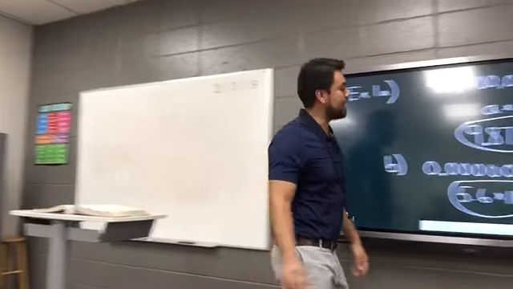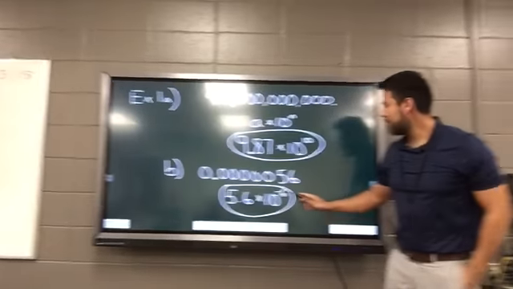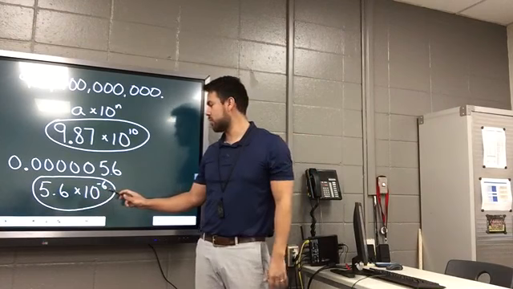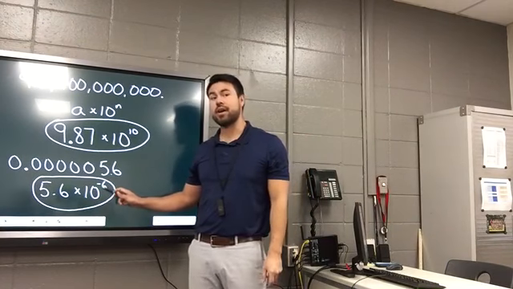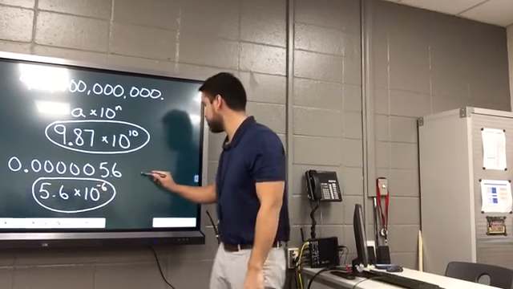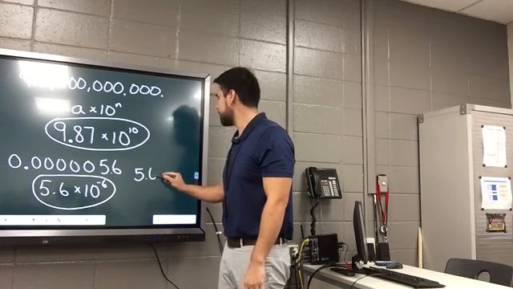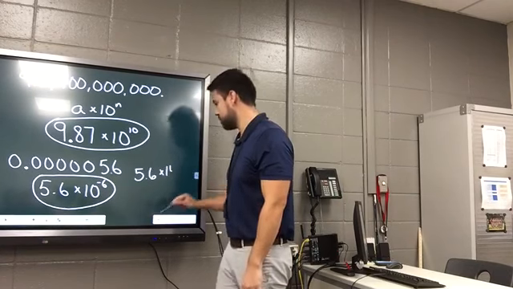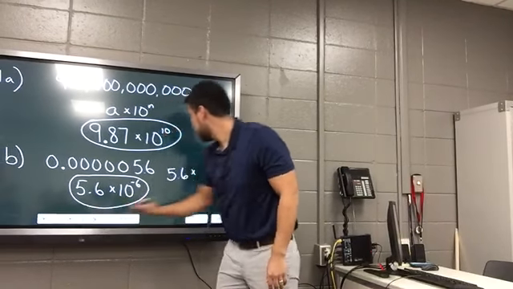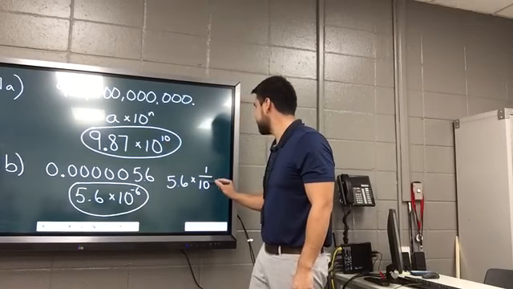Oh, look at that. Okay, hold on. How many of you would agree that 10 to the negative 6, based on what we looked at yesterday and this morning, would be 1 over 10 to the positive 6? Is that true? And that's the same value. So here, 5.6 times 10 times 1 over 10 to the 6th.